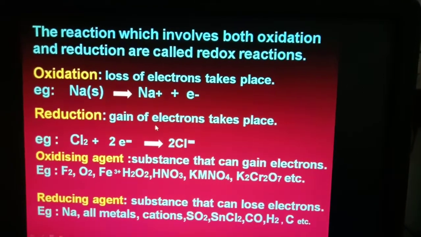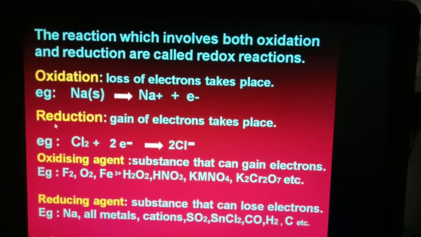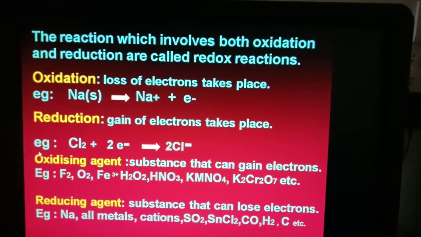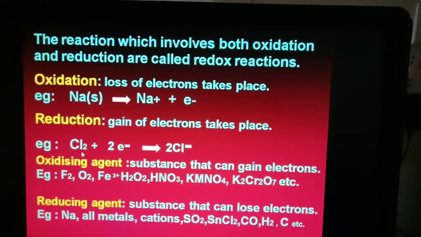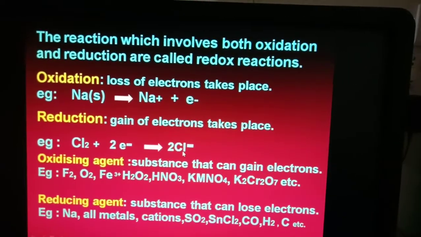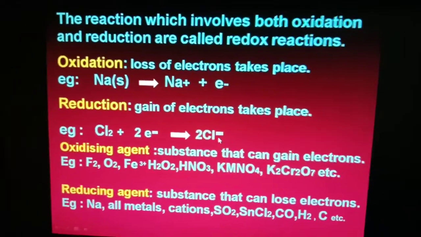The process in which gain of electrons takes place is called reduction. In this, the example can be given as chlorine gas accepts 2 electrons to form 2 chloride anions.